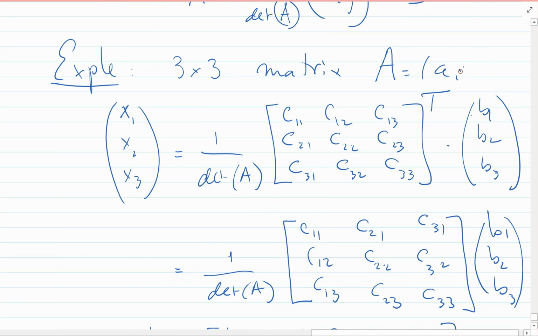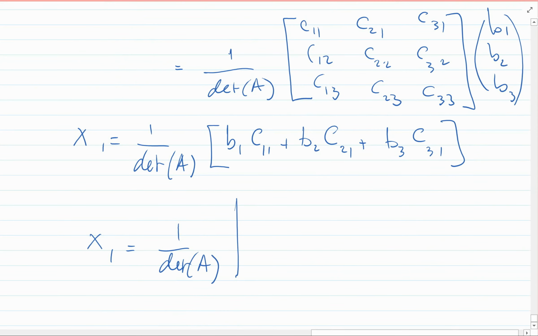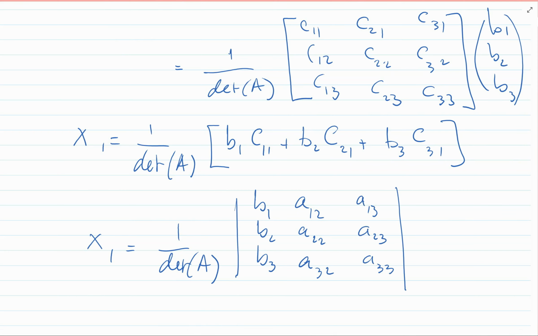If you replace the first column by B1, B2, B3, the non-homogeneous column, then what you have is B1 C11 plus B2 C21 plus B3 C31.